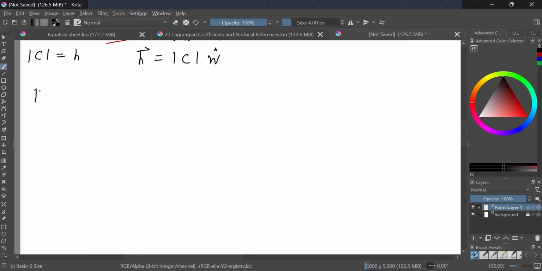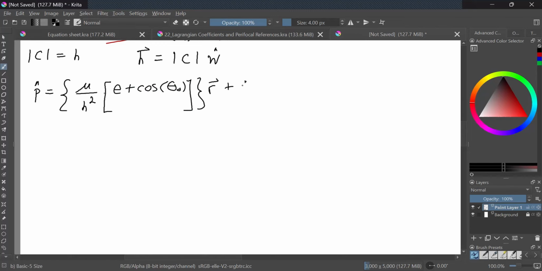So our p hat is going to be equal to mu by h squared times eccentricity plus the cosine of theta naught times the radius plus the negative r naught over h times the sine of theta naught times the velocity.